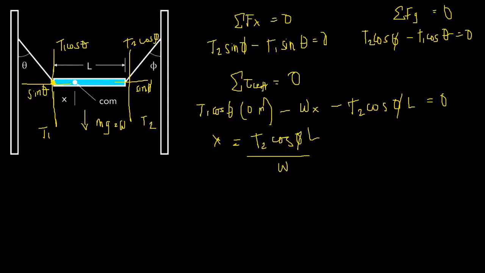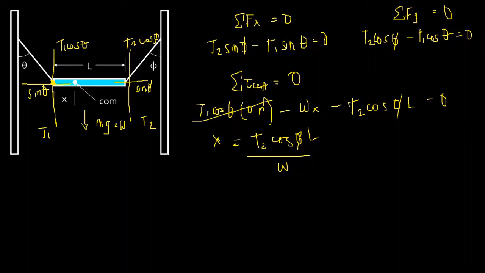So, we just manipulated this equation above. So, since eto 0 na siya, so x na yan, so wala na yan. So, we are left with negative Wx minus T2 cosine phi L is equal to 0. And then, we just derive it since we are solving for the value of x. So, this will be our working equation if we want to find the value of x.